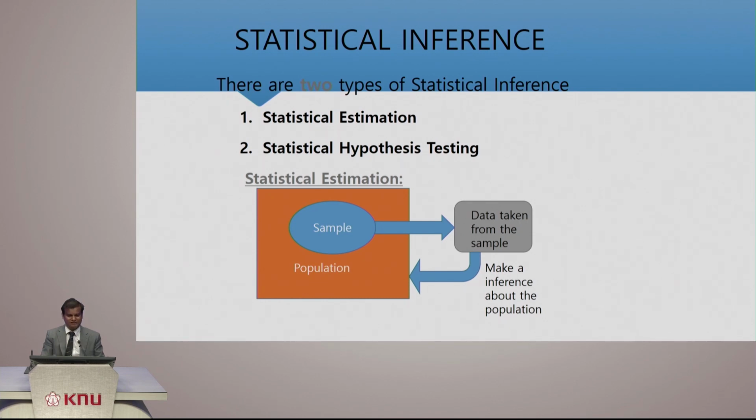What is my inference? My inference is that of the whole population of 30,000 students, 70% of students like to eat burgers. Yes, that is what it means when we make an inference about the population. We are going to see whether this kind of inference is really reliable. Is it consistent? We will see some points on that matter as well.